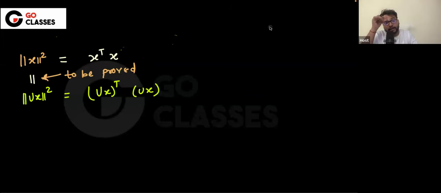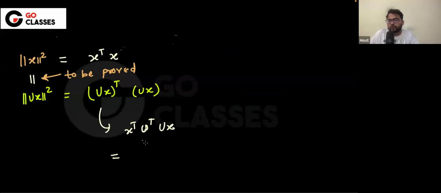So just give it a try and see if you can prove this. How to prove it? See this. This ux transpose will be nothing but x transpose u transpose, isn't it? And then into ux, right? So this is u transpose u, which, since this is an orthogonal matrix, is the identity, so this is x transpose x, which means this is the same as x transpose x.